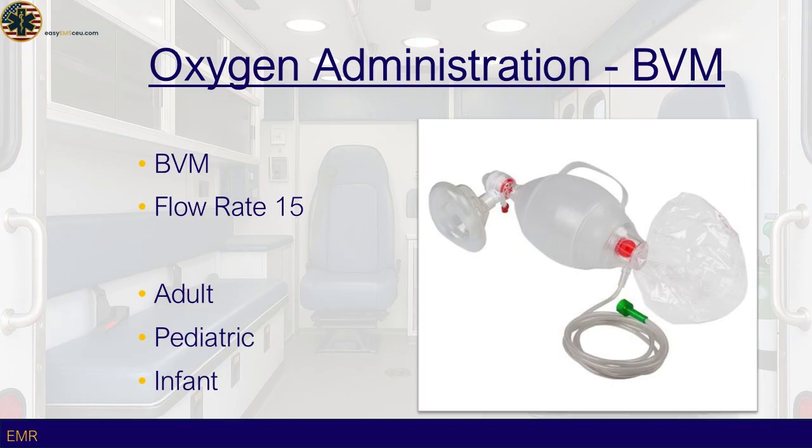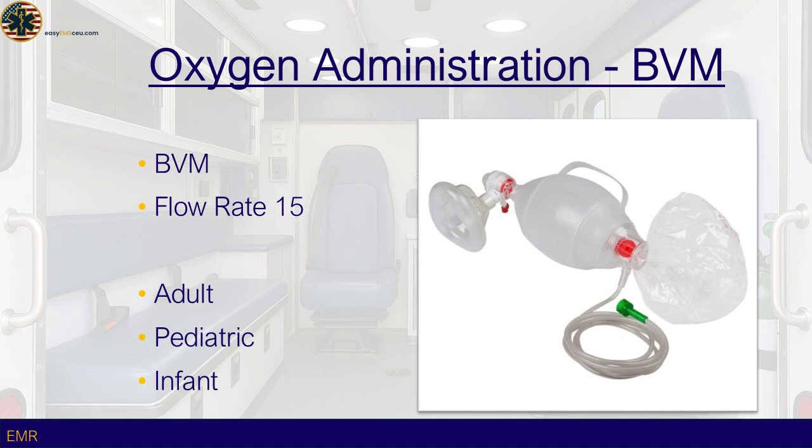Bag valve masks, BVMs, are essential tools in EMS and pre-hospital care, used for ventilating patients who are not breathing adequately or at all. A BVM consists of a self-expanding bag, a one-way valve, and a face mask that creates a seal over the patient's nose and mouth.